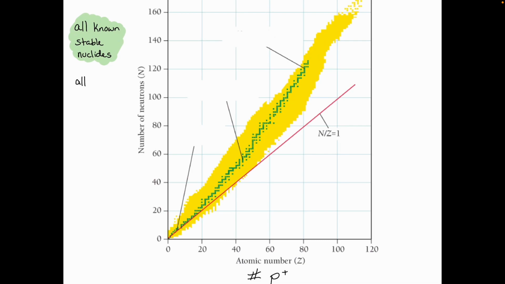And in yellow are all the known unstable nuclides. Okay?